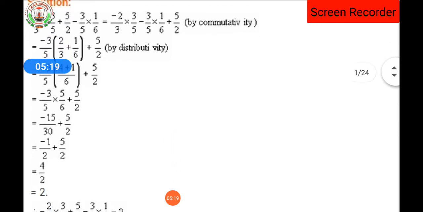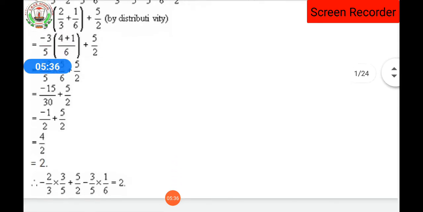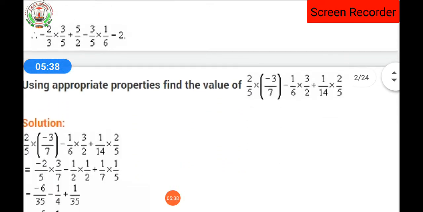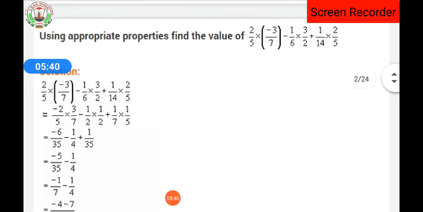Clear? Here also without cancellation, if we do it, we will get the same answer. Clear everyone? So which properties had we used over here? The two properties we used are, first, the commutative property and second, the distributive property. These two properties we have used. Clear? Now we are moving toward the second part of the same question.